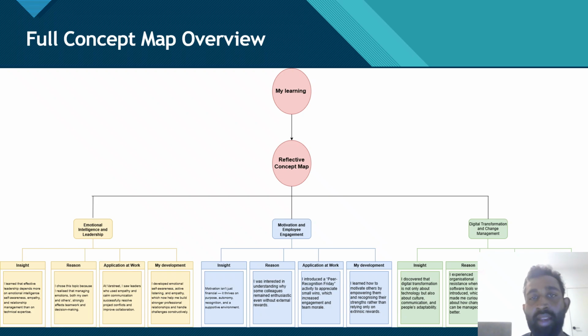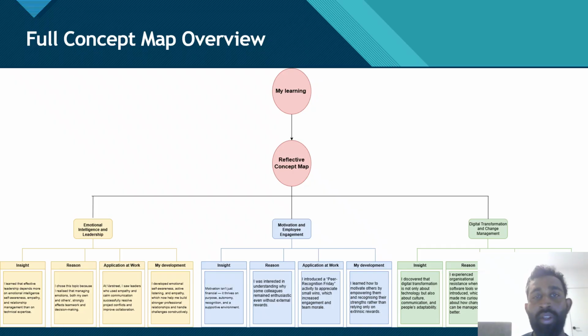Each of these areas connects directly to my learning experience. Under each topic, I have included four essential reflection elements: insight, reason, application, and my development.